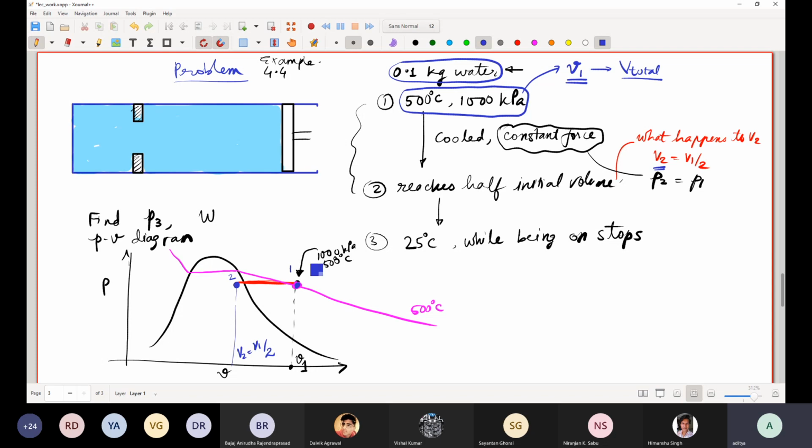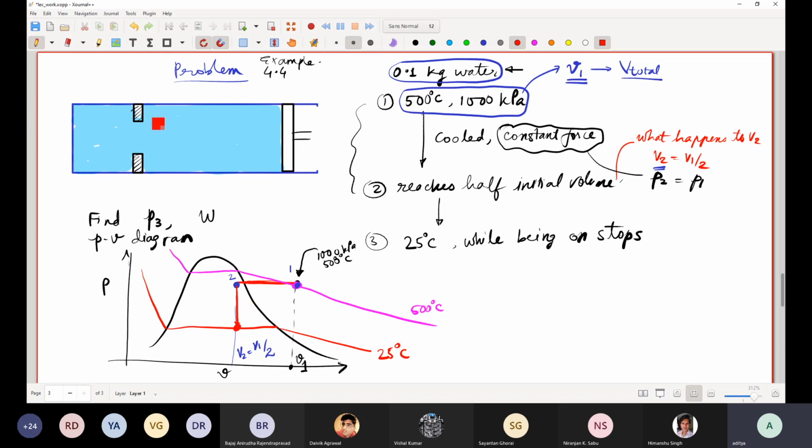Okay, so the question framing says that when it reaches half the volume, it then starts cooling to 25 degrees Celsius. So it has reached half the volume over here, after which it goes to 25 degrees Celsius. So let me draw the 25 degrees Celsius isotherm. This is the 25 degrees Celsius isotherm, and it starts cooling.